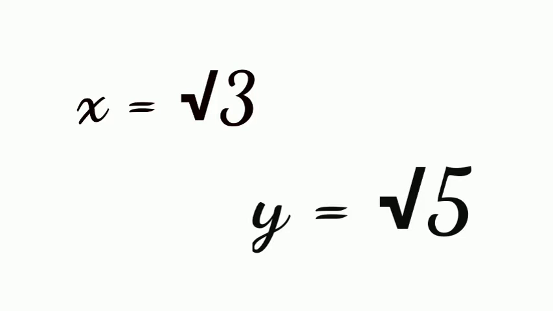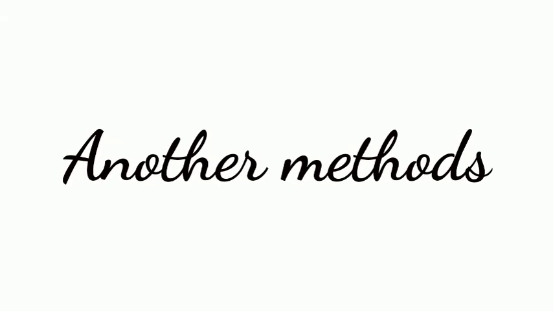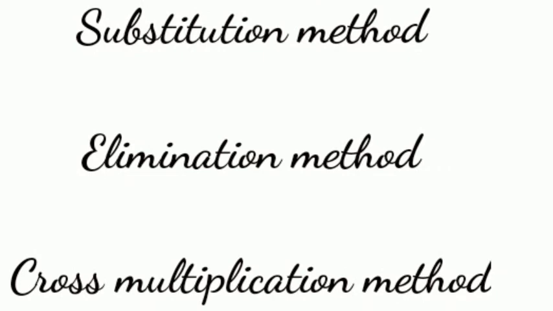So we use other methods to solve a pair of linear equations in two variables. Those are the substitution method, elimination method, and cross multiplication method. So today in this video we will learn how to solve linear equations in two variables.